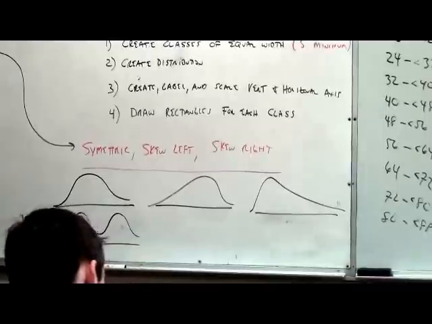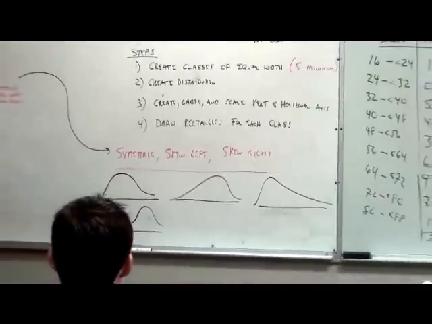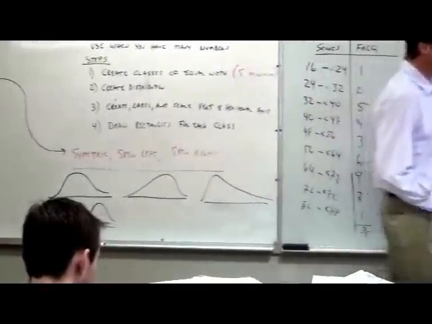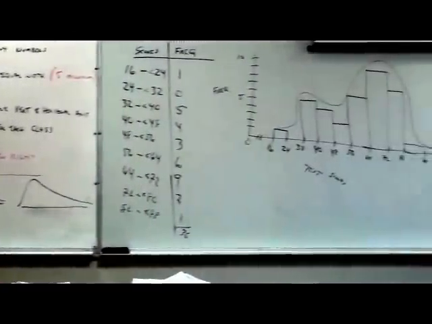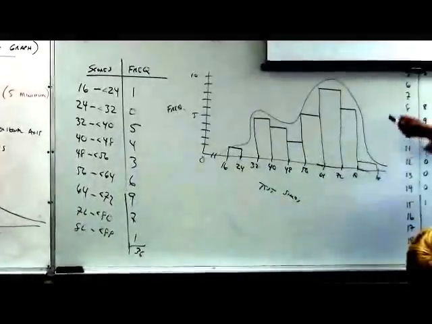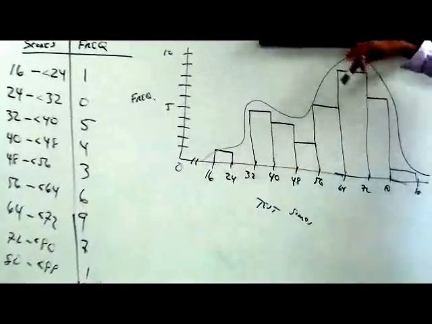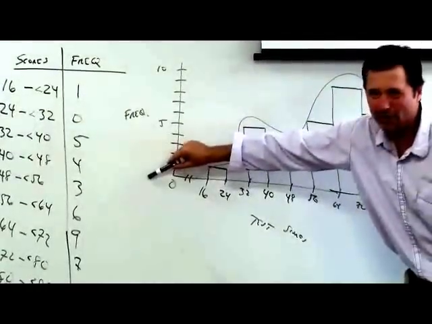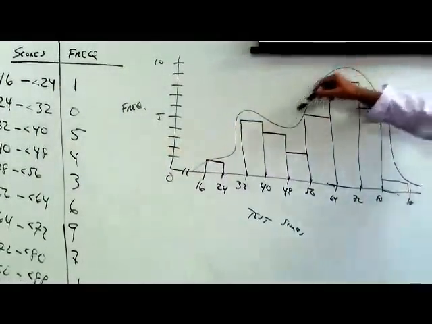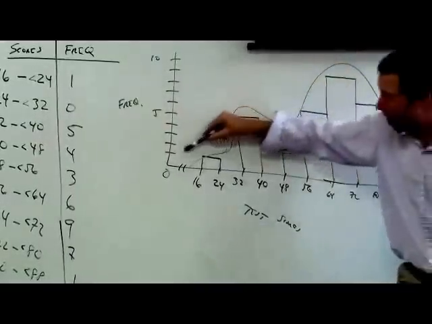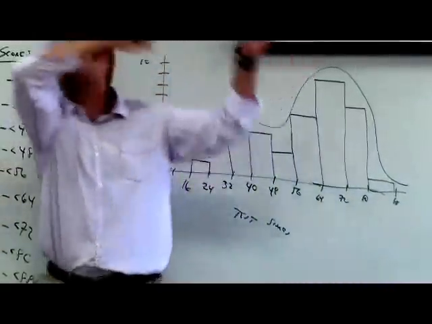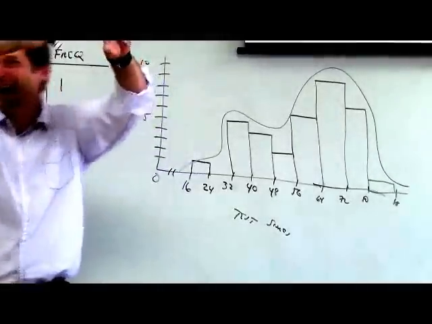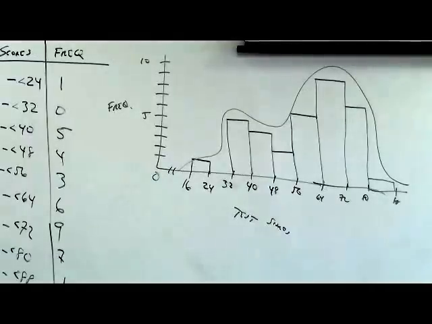So it's either going to be symmetric or skewed left or skewed right. You've got to understand the difference here. When I'm drawing this picture, from the major mode I have to go a long way over here. This is called the tail. When the tail has to go a long way over here, that means I had some really small number out there, so the tail had to go way over to get to that small number.